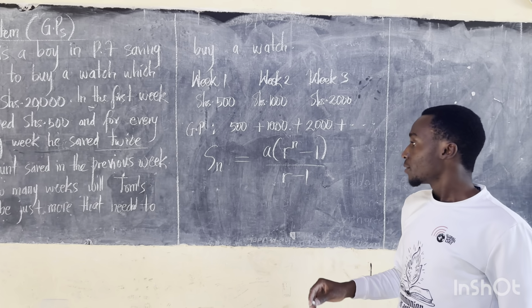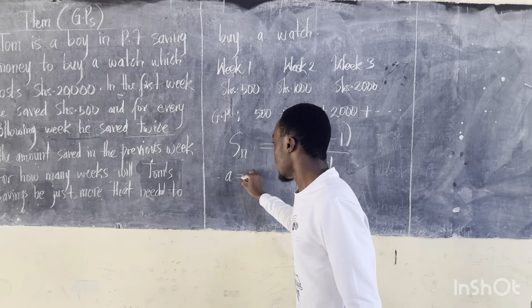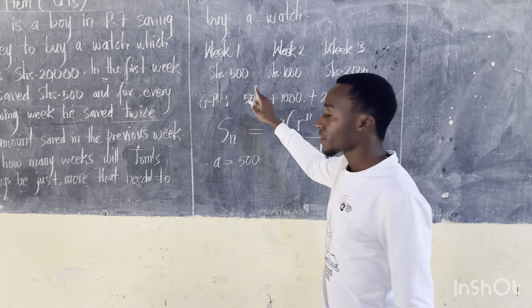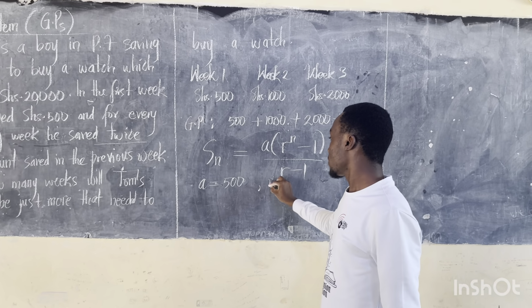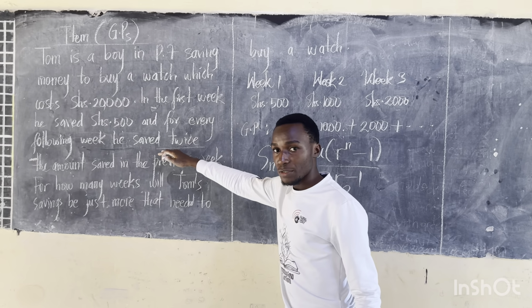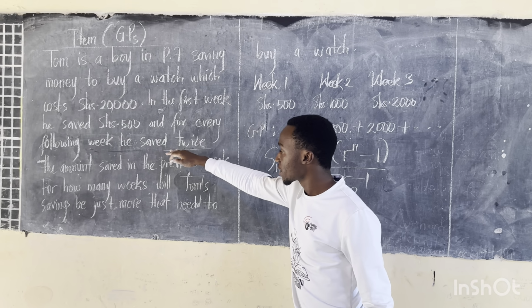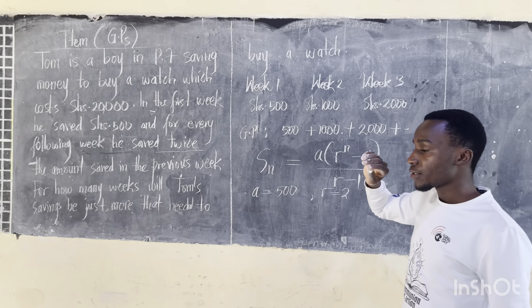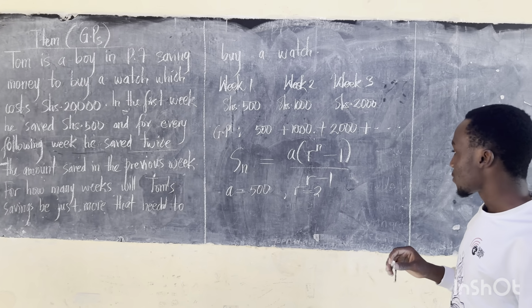And we know what our A is. Our A being the first term is 500, and our r is equal to 2. It was given in the question by saying the savings were twice those in the previous week.